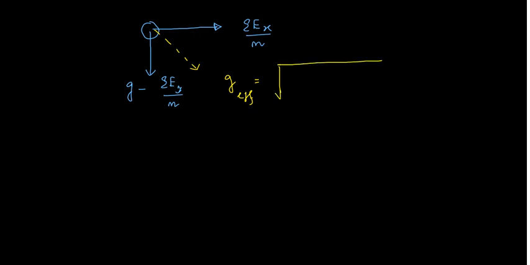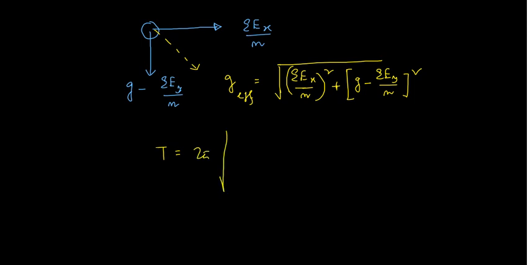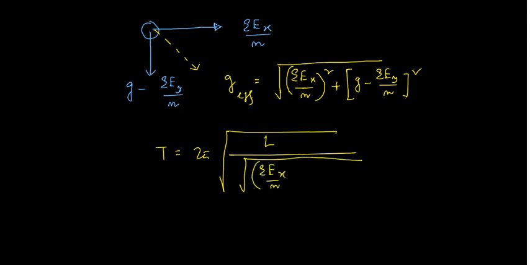So we can write (qEx by m) whole square plus (g minus qEy by m) whole square, under a root. Then the time period will be equal to 2 pi root under of L divided by this term over here.